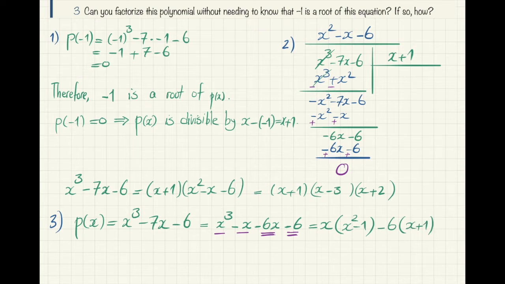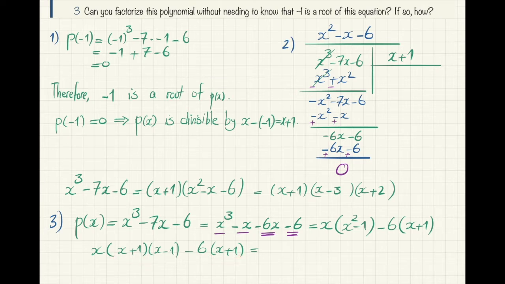This seems to be an unsuccessful grouping because there is no common factor produced yet, but immediately you have a lot of experience now. x squared minus 1 can be further factorized, yes. So it becomes x plus 1 and x minus 1, and then I have minus 6 times x plus 1. And then you see now the common factor that I was looking for is emerging.